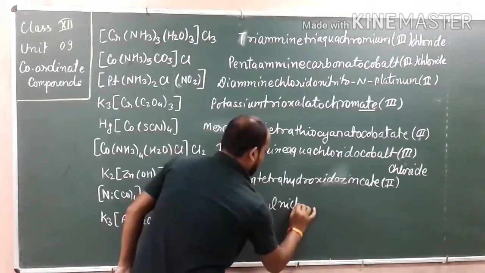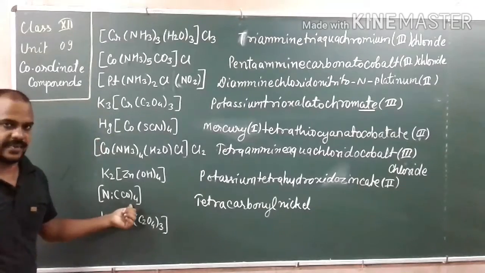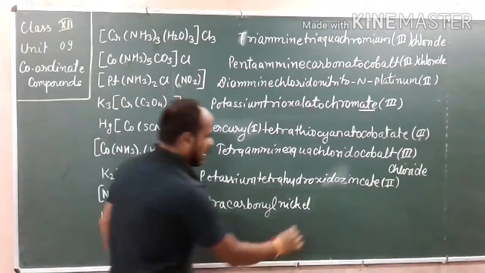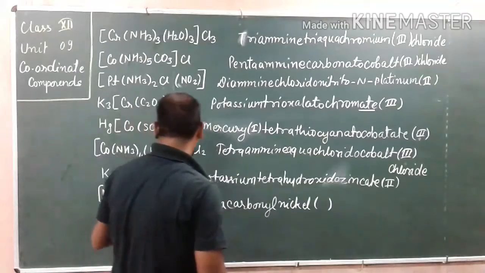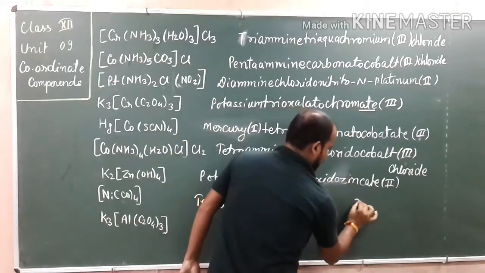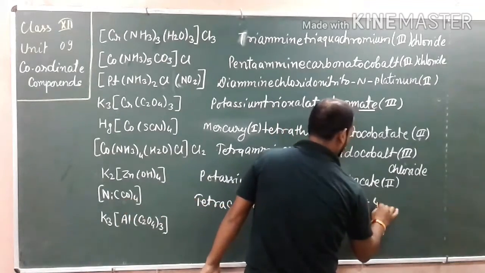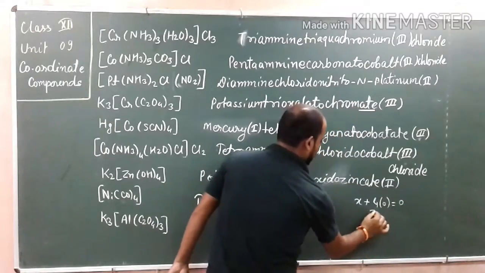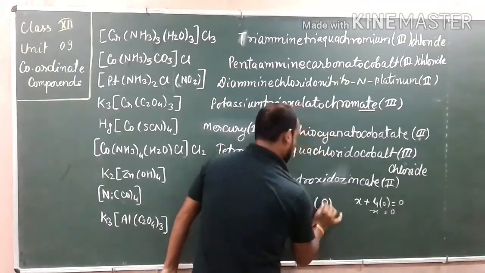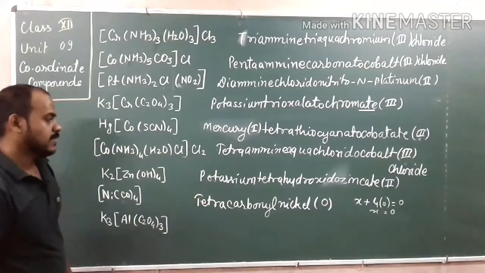It is not nickelate because it is not an anion, it's a cation, so nickel. To calculate the oxidation number, for nickel it is X. For carbonyl, number of ligands 4, charge on ligand 0, overall charge 0, so X is equal to 0. So here the name is tetracarbonylnickel(0).